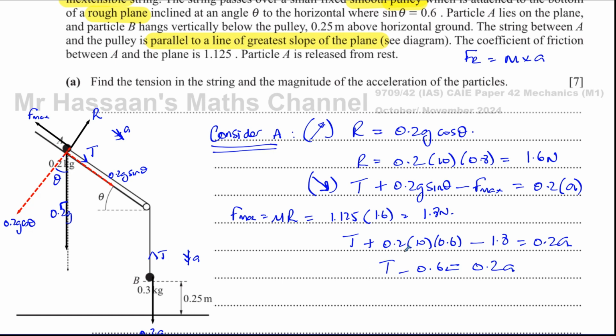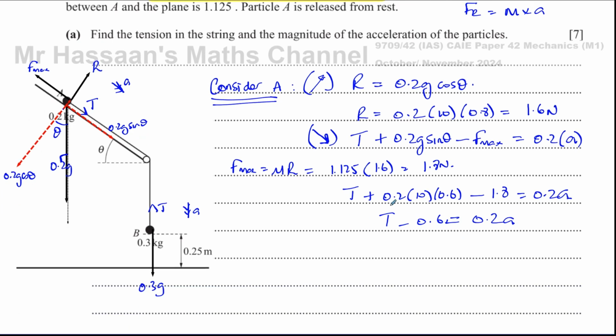So basically now we have an equation which we can use, which involves a. So T minus 0.6 equals 0.2a. Now if we consider the forces acting on the particle B, and as B is moving down, I'll take down as positive, I can say that the forces are the weight, which is 0.3g, minus the tension, which is acting upwards.